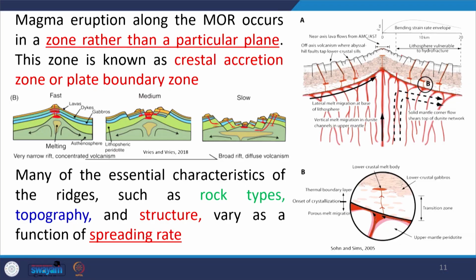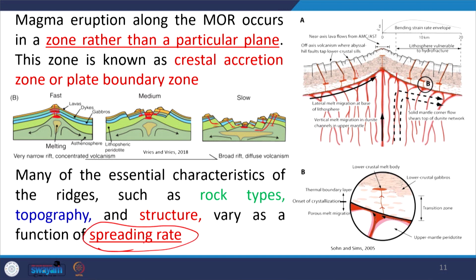Magma eruption along the mid-oceanic ridge system occurs in a zone rather than a particular plane. Already we have discussed this zone, which is the crustal accretion zone, or it is called the plate boundary zone. Many of the essential characteristics of the ridge, such as rock types, topography, structure and geomorphology, metamorphism, geophysics, geochemistry, everything is controlled by one factor, that is called the spreading rate.